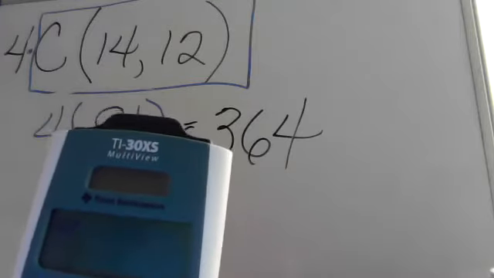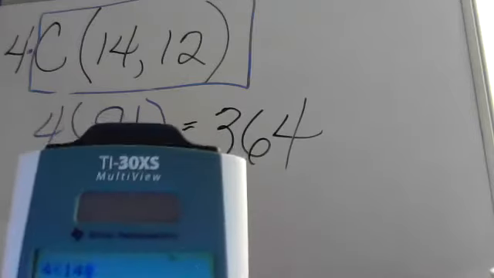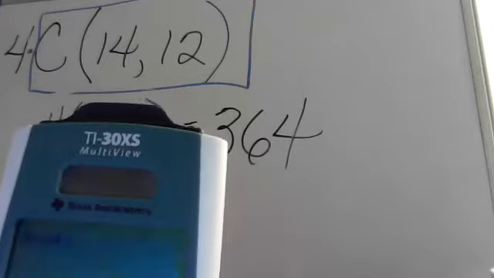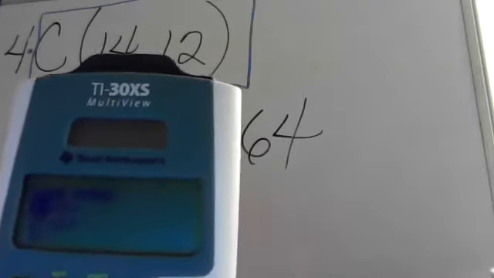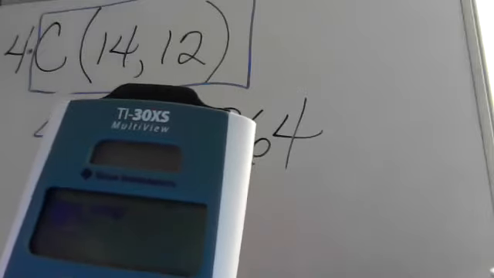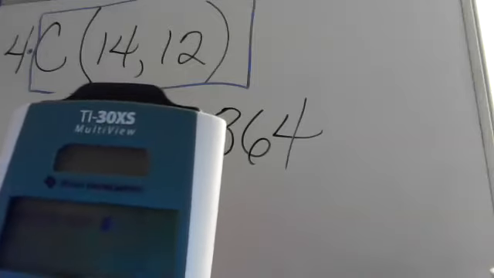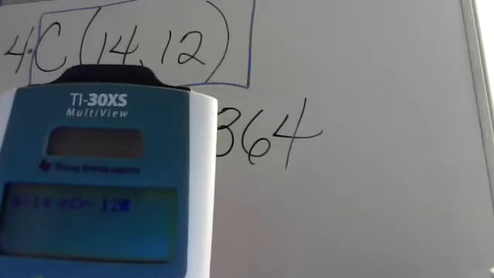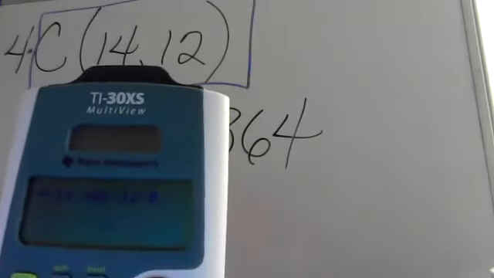So then I'm going to tell them I'm dealing with 14 things. Now I have to tell them, is it combinations or permutations? It is combination, which is the second one. I want to take them 12 at a time. And because I want that combination thing boxed in by itself, I need to close my parentheses.